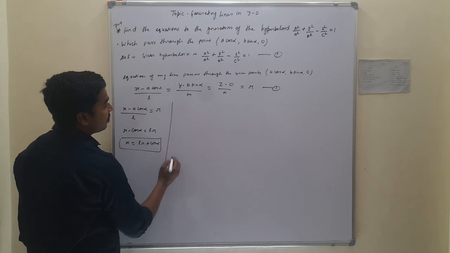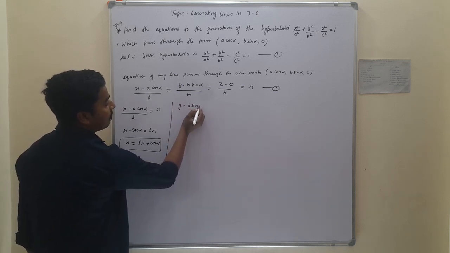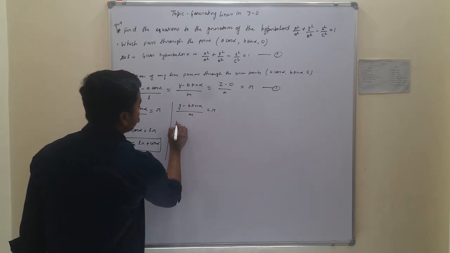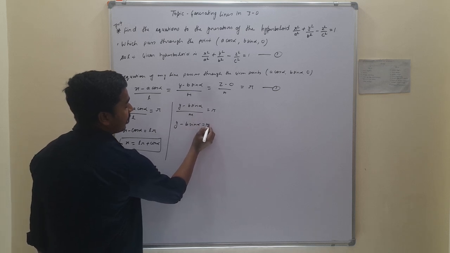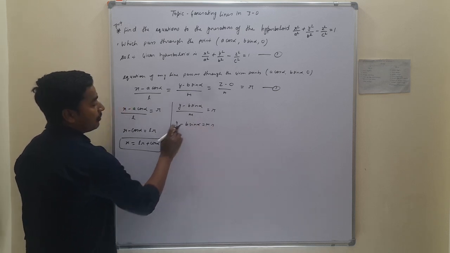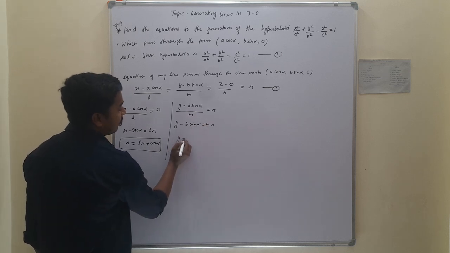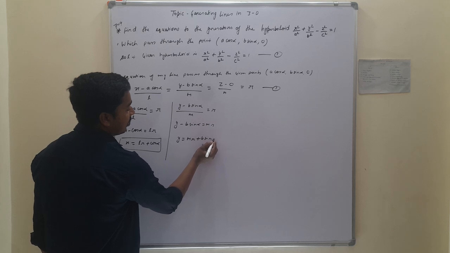Similarly we have to find the value of y. This gives y minus b sin alpha upon m is equal to r. Multiplying by m, y minus b sin alpha is equal to mr, and taking b sin alpha to the right hand side, y is equal to mr plus b sin alpha.